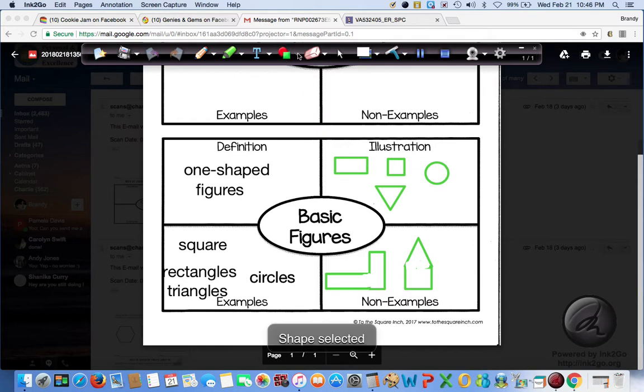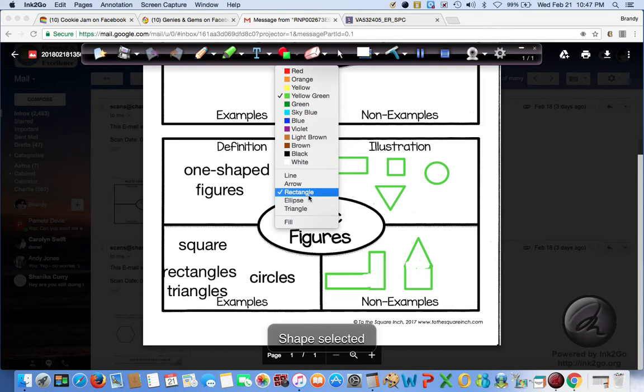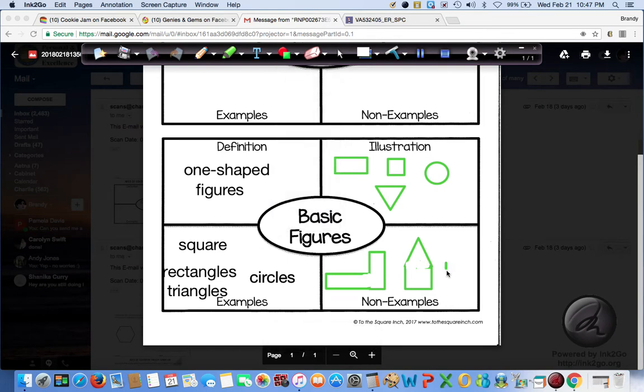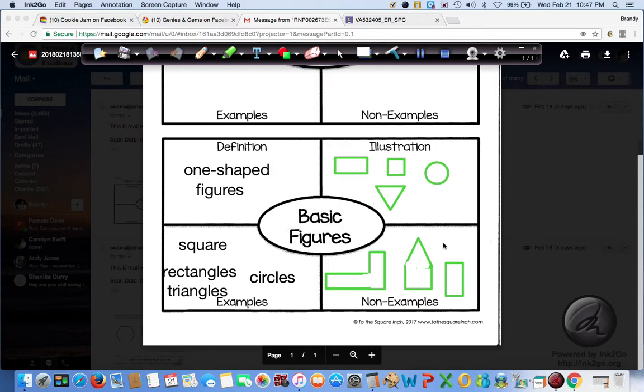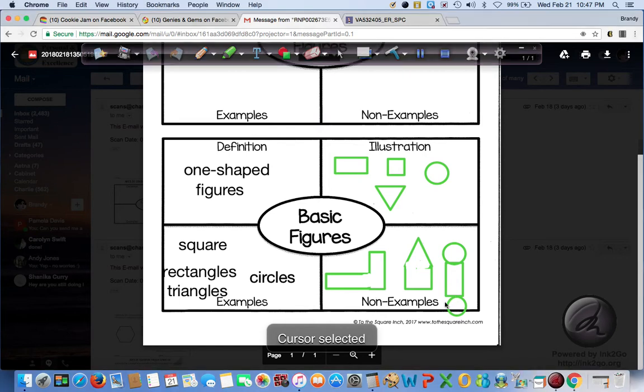We could do a rectangle and a circle at the top. And we could try a circle at the bottom. Let me move it.